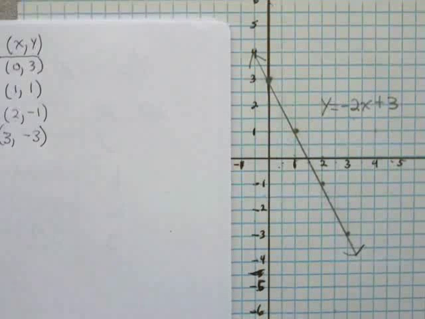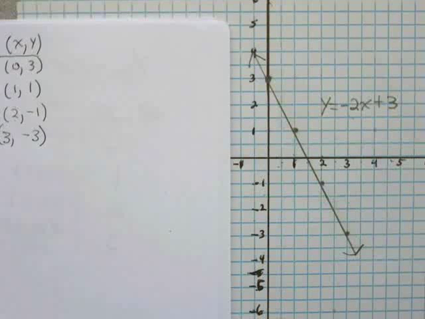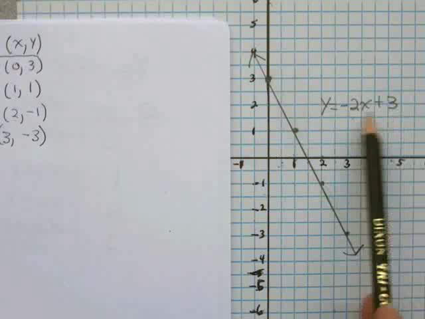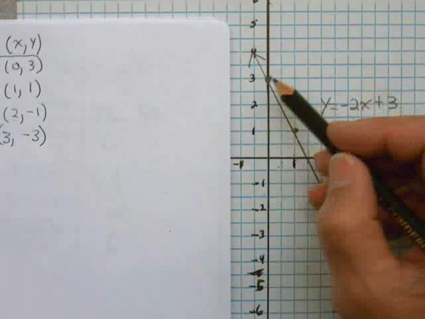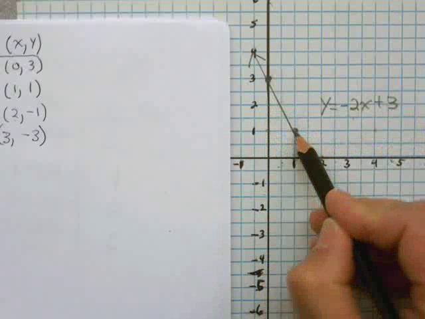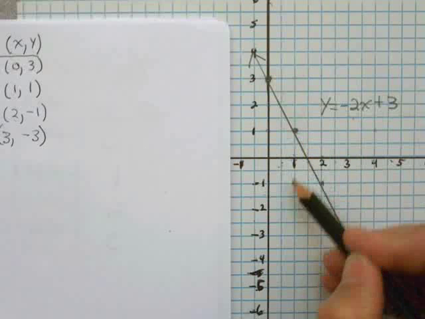And another way we could have done this is to have used the slope, the negative 2 over 1. We knew that the y-intercept was 3, and our slope was negative 2 over 1. In other words, we're going down 2 places, once, twice, and over 1.